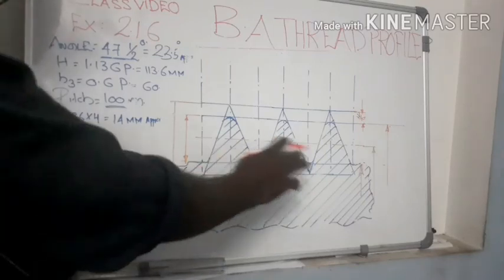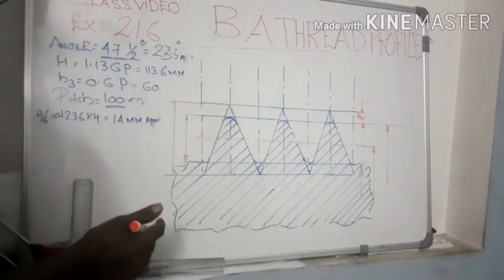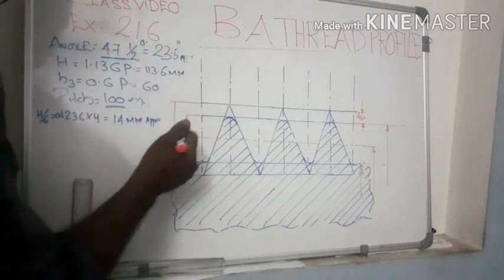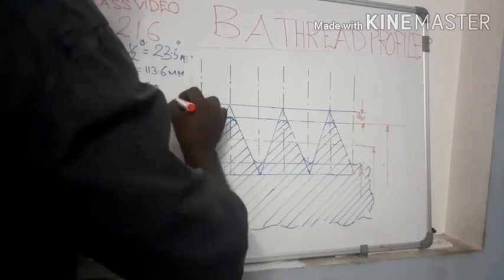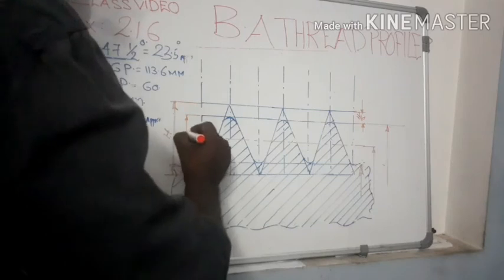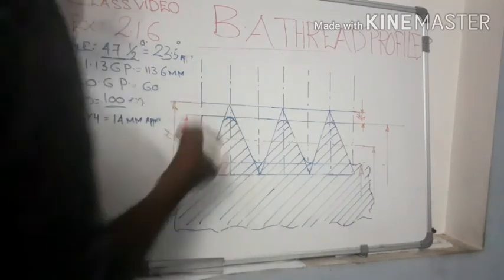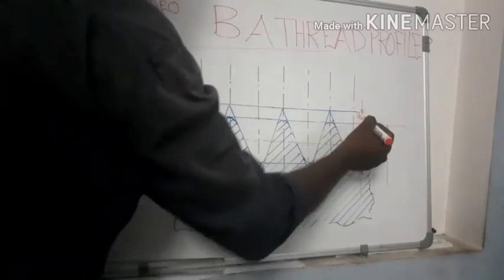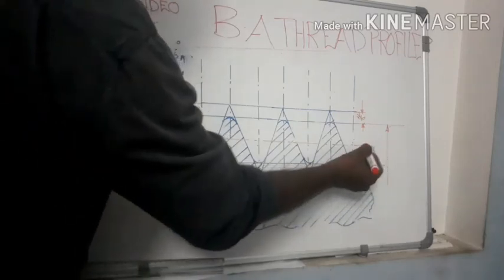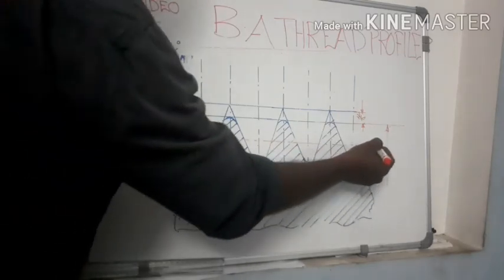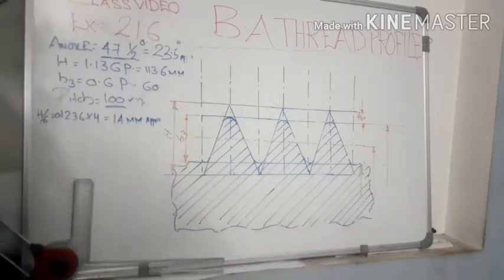Now, the next step is to mark the parameters related to BA threads. This distance, this height, is marked with the letter H. Similarly, the actual depth is marked with H3. And this value is H by 6. And 3 more diameters are marked here. The imaginary center line is the pitch diameter, marked with dp.